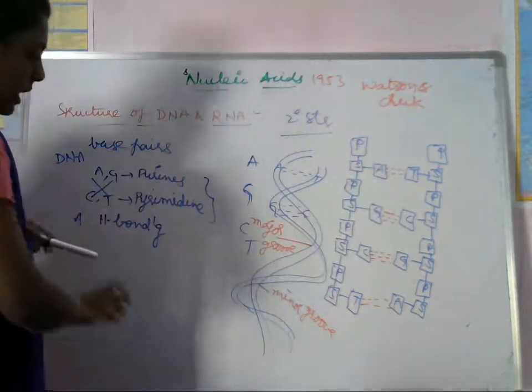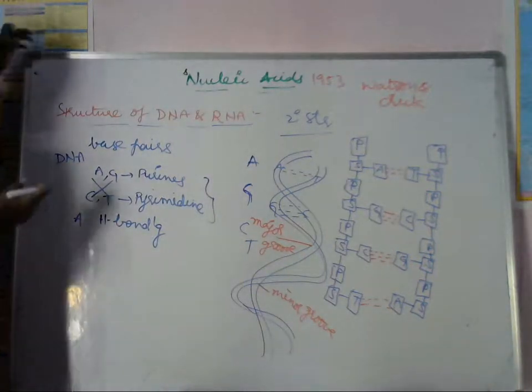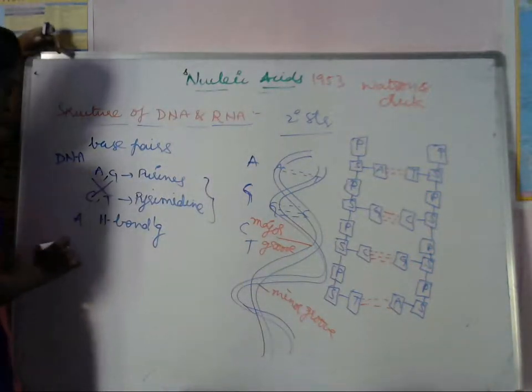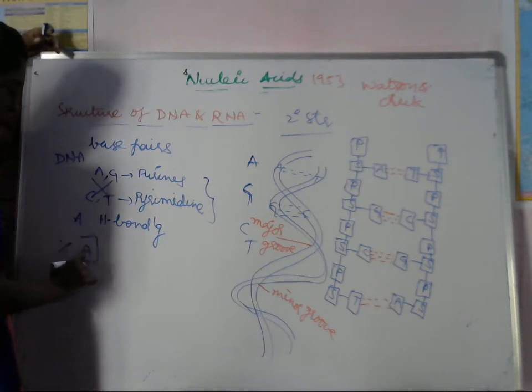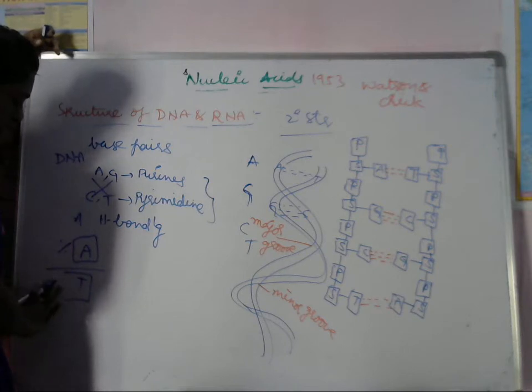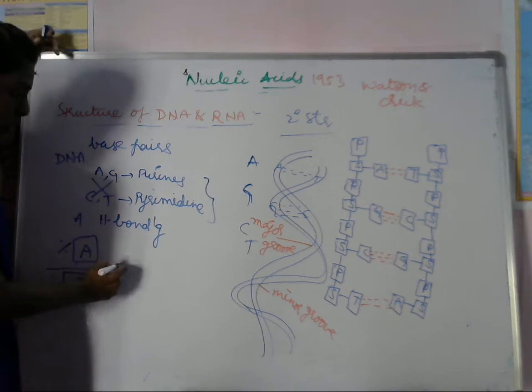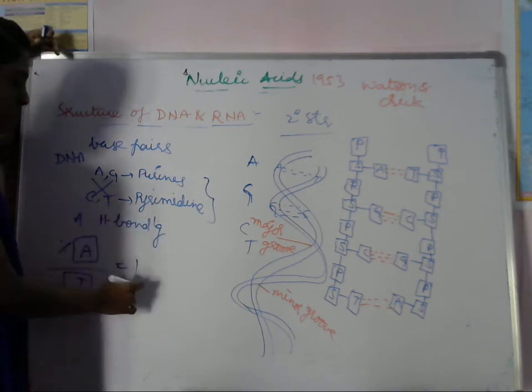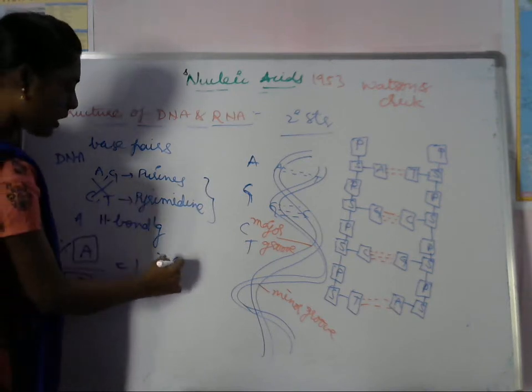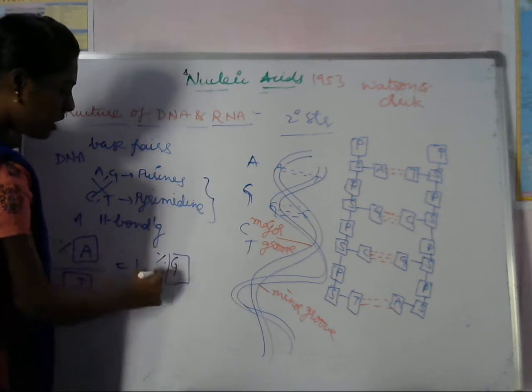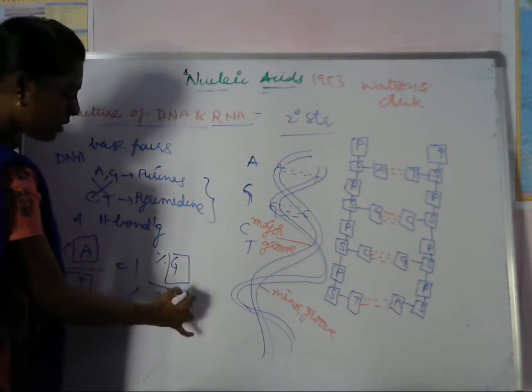Next, the ratio of adenine to thymine should always be 1, and the same holds for guanine and cytosine.